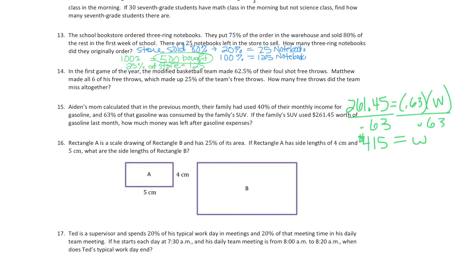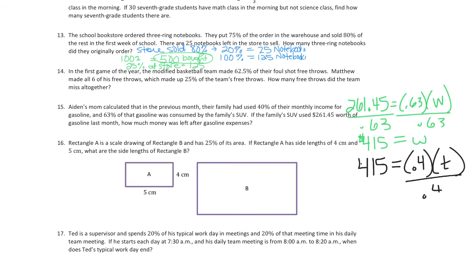Okay, so then mom calculated in the previous month they used 40% of their monthly income for gas. So the 415 represents 40% of their total money. So 415 equals 40% as a decimal times their total amount of money for the month.